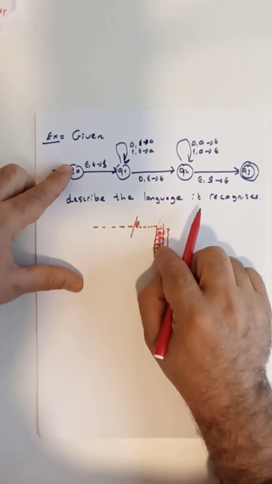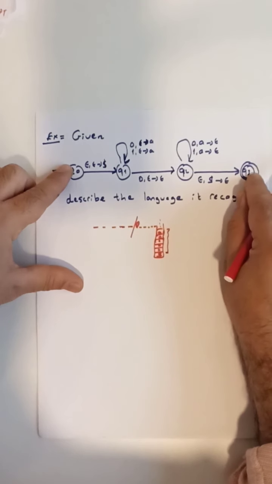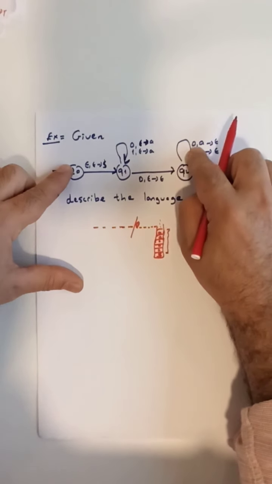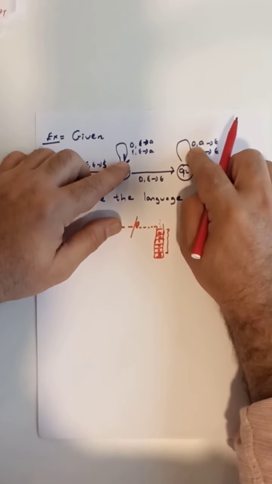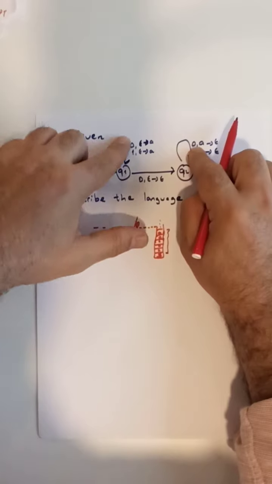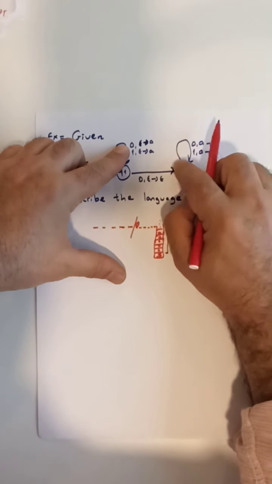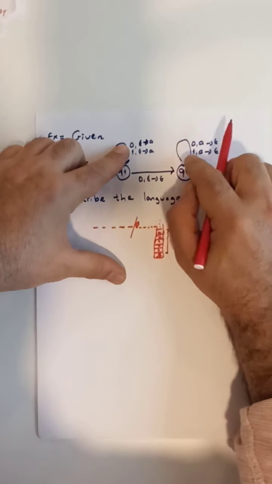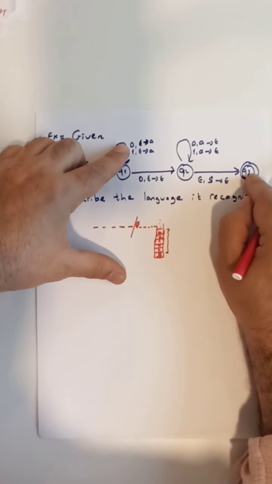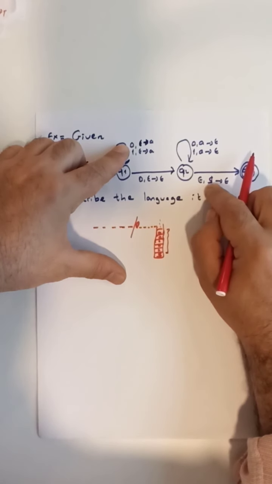So to be able to arrive at our accepting state Q3, through these transitions we must completely empty the stack, which was filled through the other transitions, and also finish processing the whole input string, so that we arrive at Q3 and the stack becomes empty.